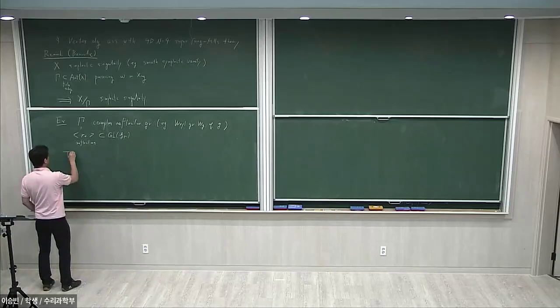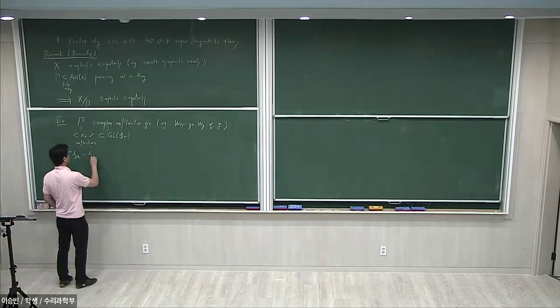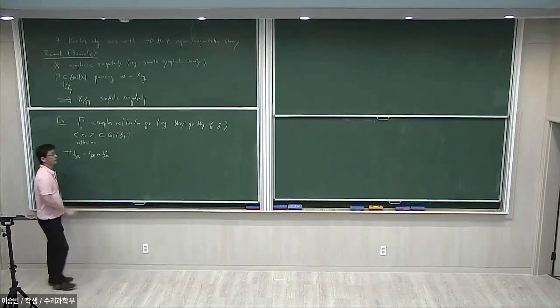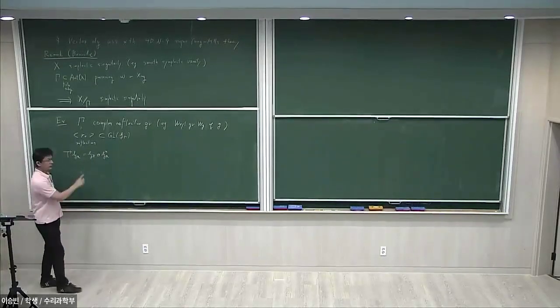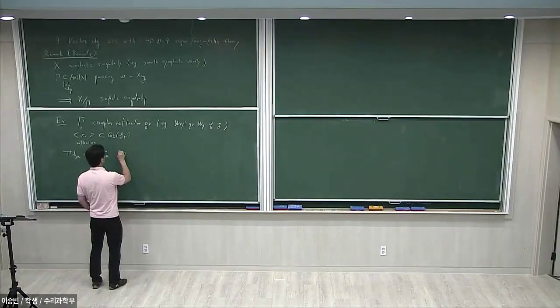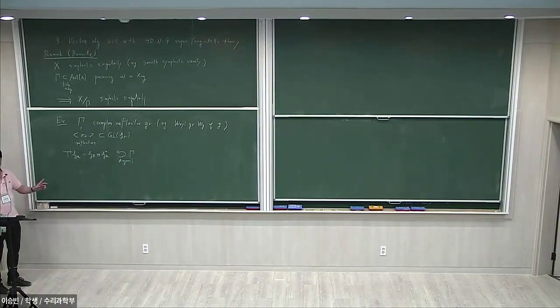Then you can consider the cotangent bundle of this vector space, which is just the direct sum of h with its dual. This is clearly a smooth symplectic variety, and there's a natural diagonal action of this finite group, which preserves the symplectic form.